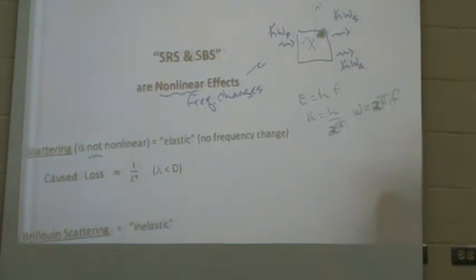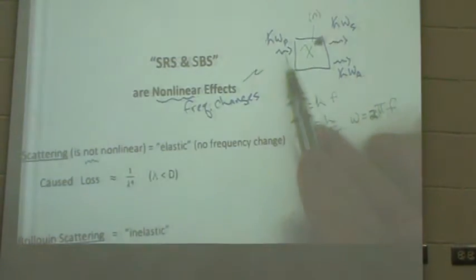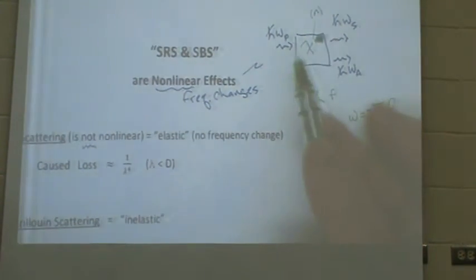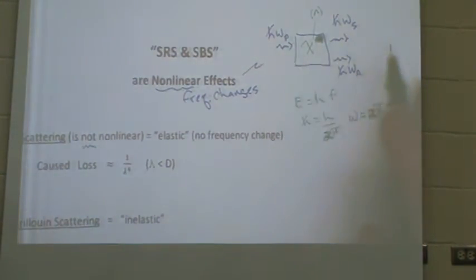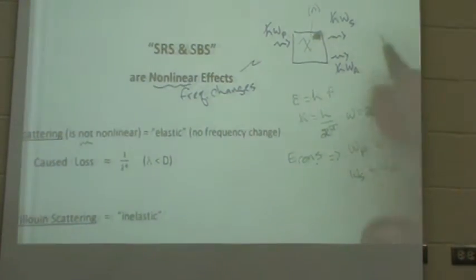By energy conservation, we can tell how the frequencies change. This one comes in and it turns into those two. Energy conservation tells me that the frequency of the pump turns into the frequency of the signal plus the frequency of the acoustic wave, if that's an acoustic wave.